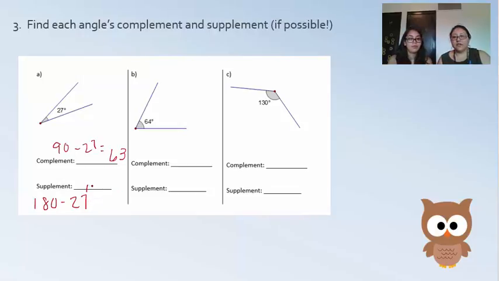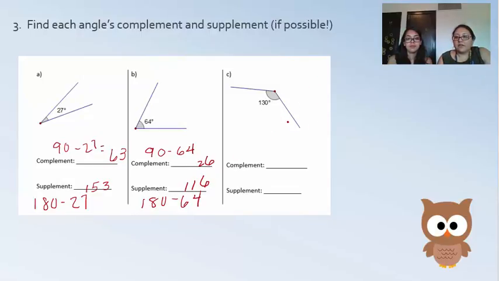That would be 153. Moving on to the next example, we have 64. To find the complement, we have 90 minus 64, and then the supplement would be 180 minus 64. So 90 minus 64 would be 26, and then 180 minus 64 would be 116.